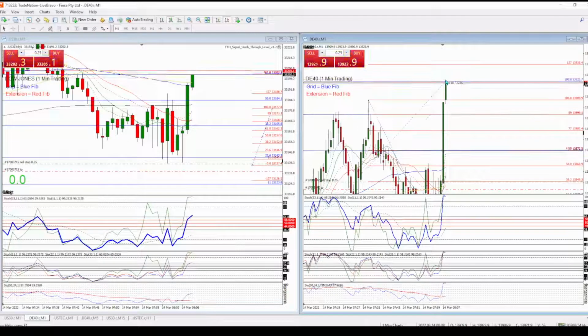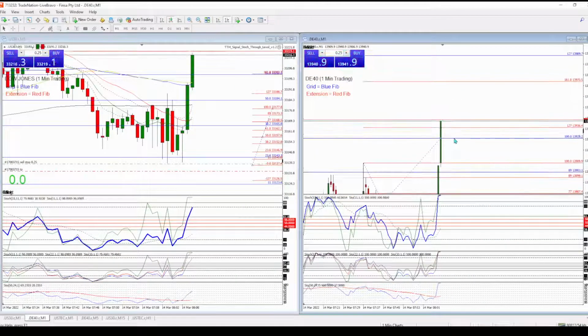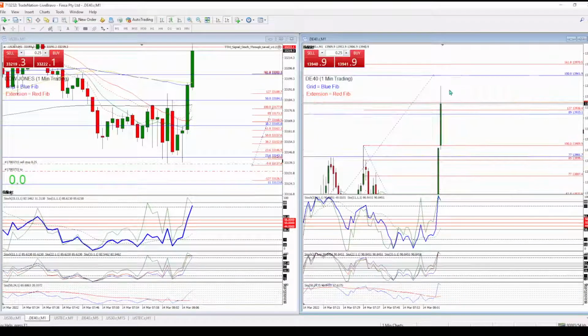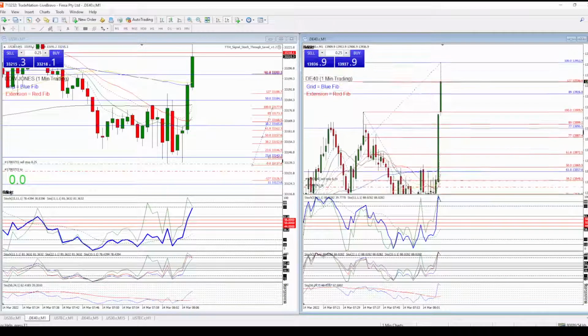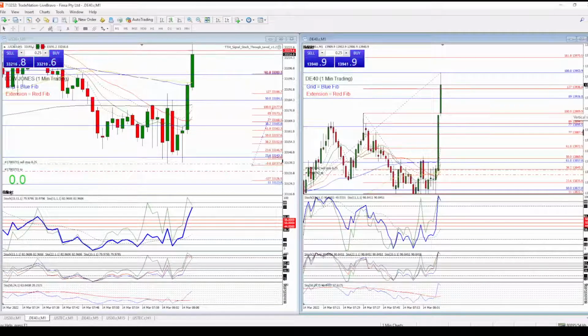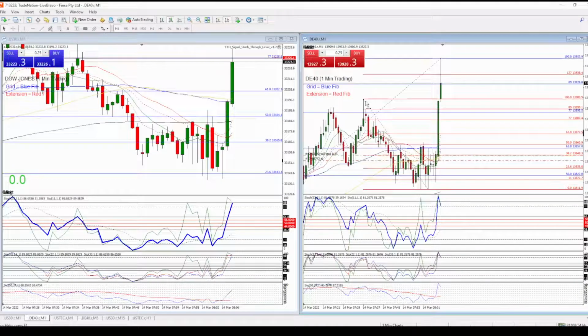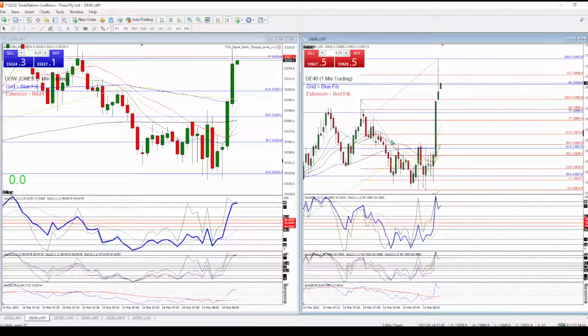Gonna keep extending this 1 minute grid. Going to put this extension flip to the side for now.